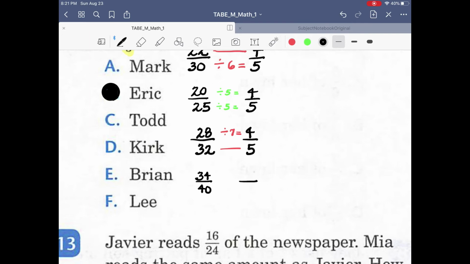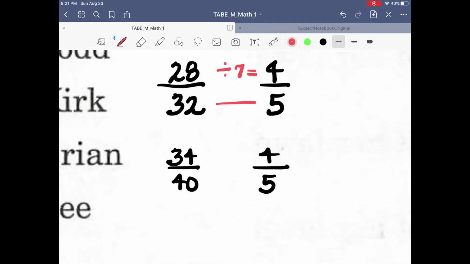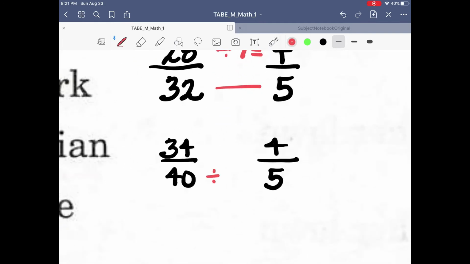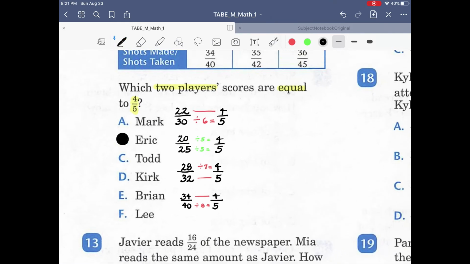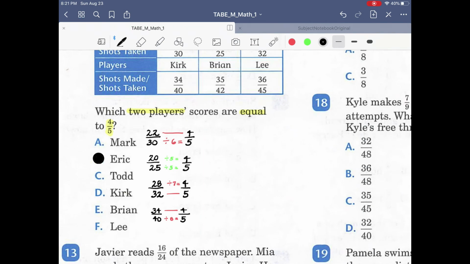This is for Kirk. And we want to see if that will reduce to 4/5. The 40 will go by 8, but that would not hold true on top. So it isn't Kirk.